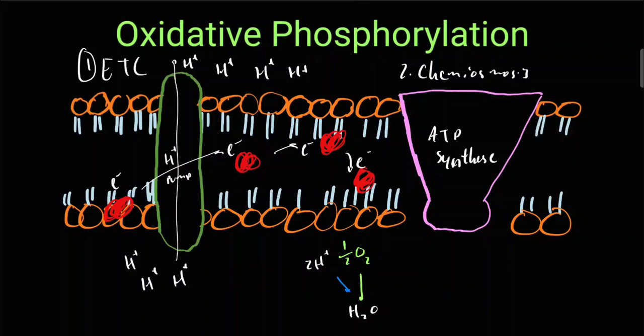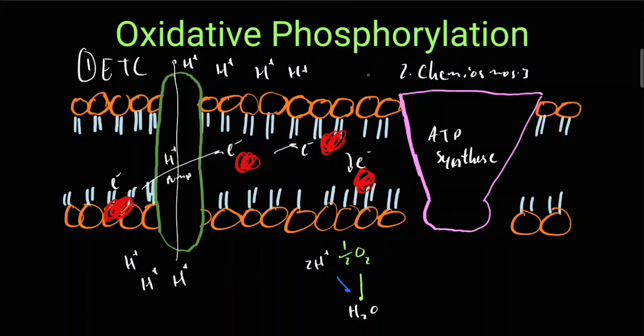Now the proton ions built up in the intermembrane space diffuse back through facilitated diffusion into the mitochondrial matrix through an enzyme called ATP synthase. Now, as I said, ATP synthase will spin once the protons go through, and this causes ADP, which already has 2 negatively charged phosphate groups, to bond with another negatively charged phosphate, which thus creates ATP.